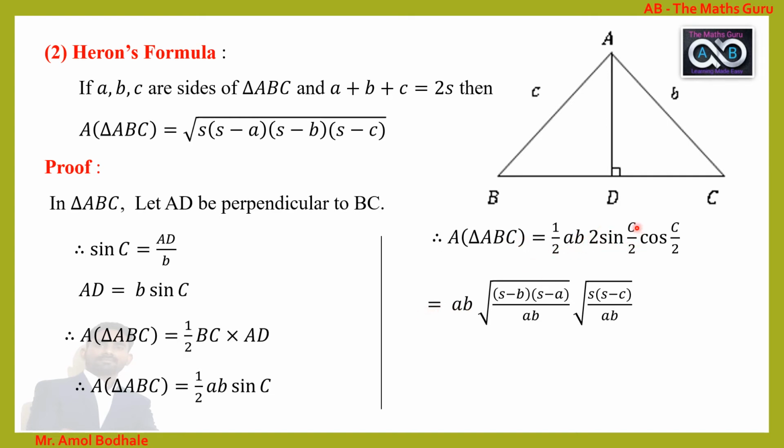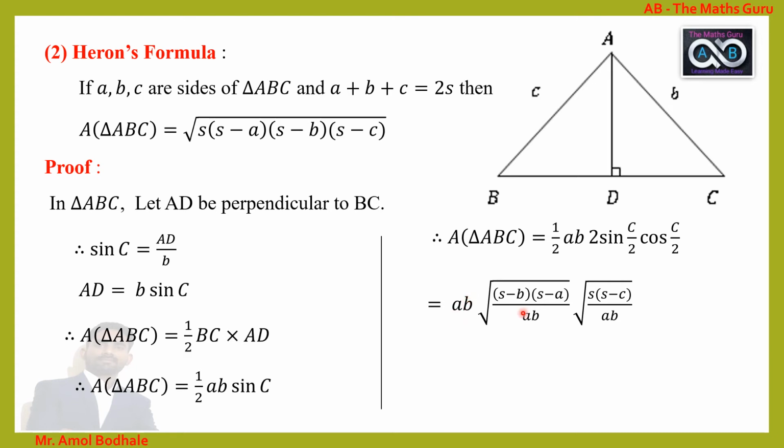So sine C by 2 is square root of s minus b into s minus a upon ab, and cos C by 2 equal to square root of s into s minus c upon ab by half angle formula. So here in square root ab and ab 2 times is given. So when we take the square root, ab will be outside.